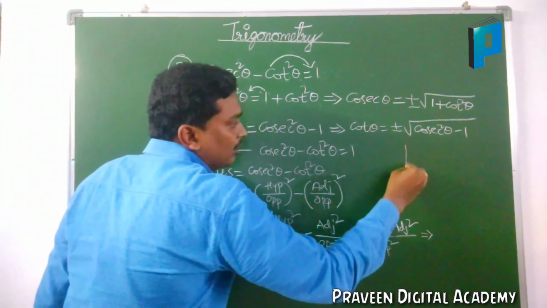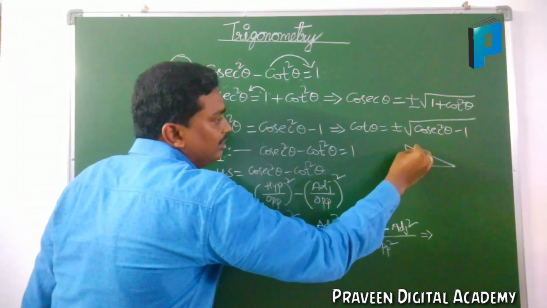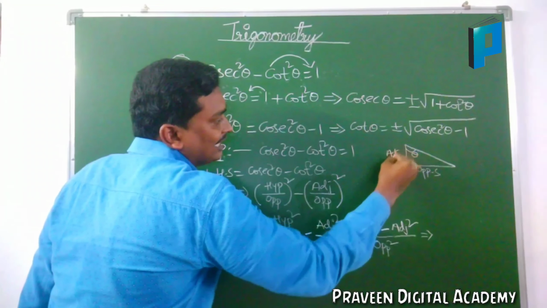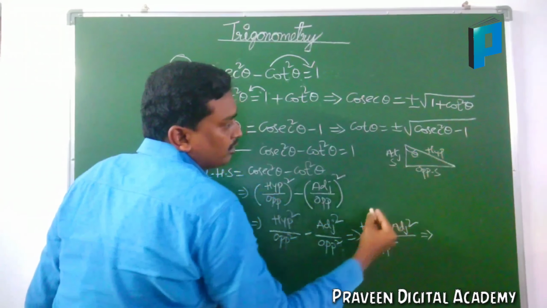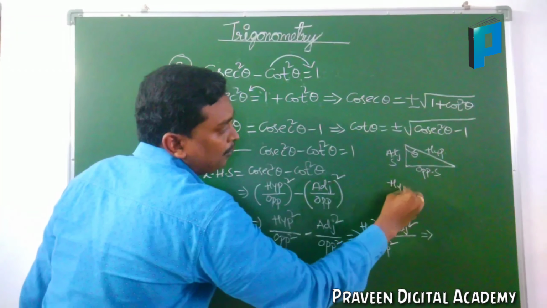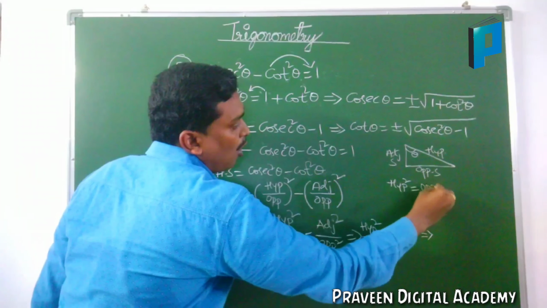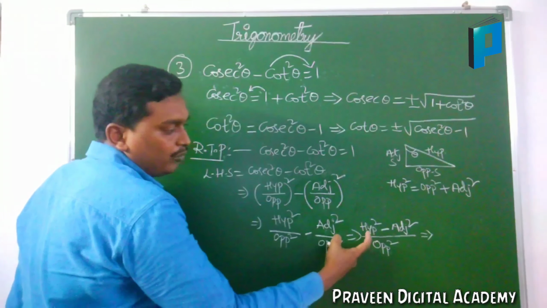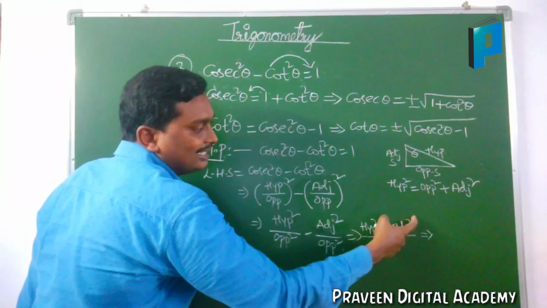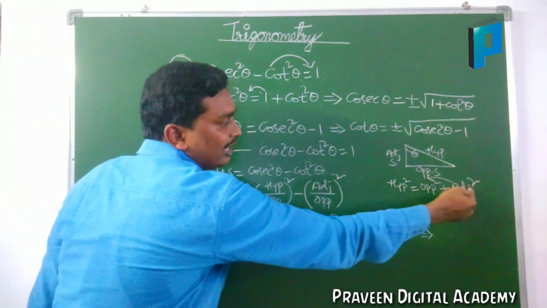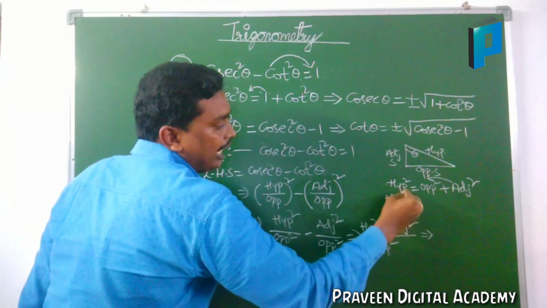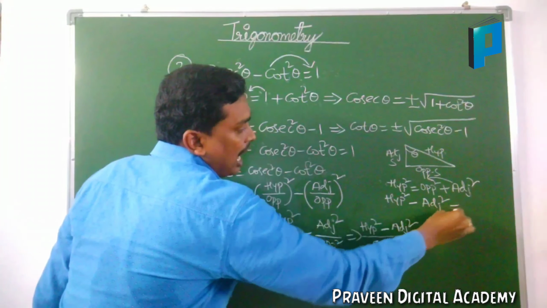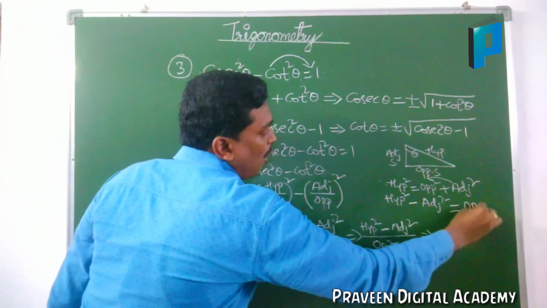Now from the Pythagoras theorem, we know that if this is the theta value, this is the opposite side, this is the adjacent side, this is the hypotenuse. What is the Pythagoras theorem? Hypotenuse square is equal to opposite square plus adjacent square. We know this one. But we want hypotenuse square minus adjacent square. Means this adjacent square you send here. What we will get? Hypotenuse square minus adjacent square is equal to opposite square.